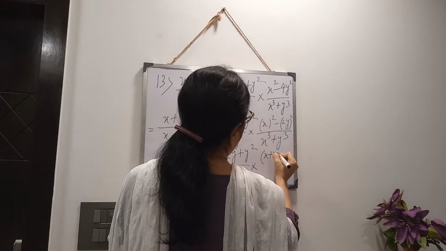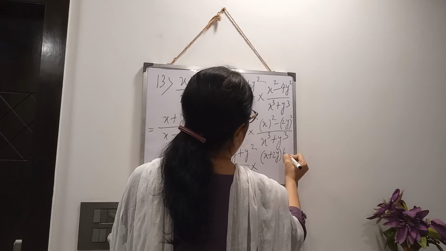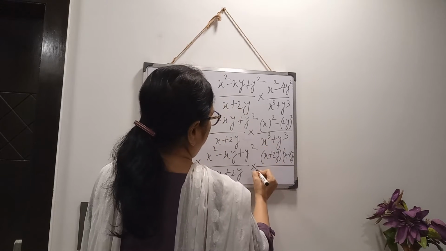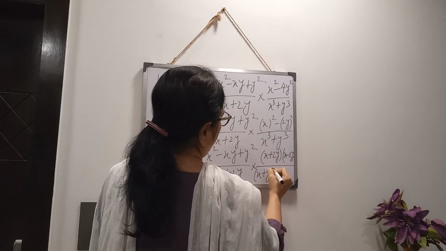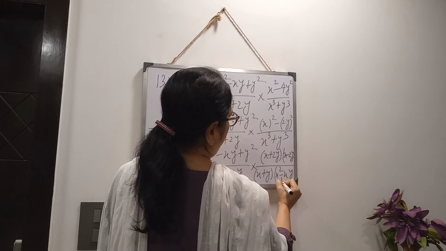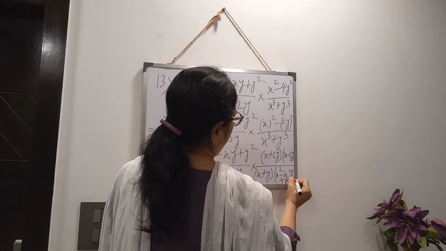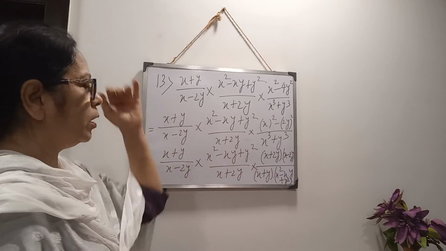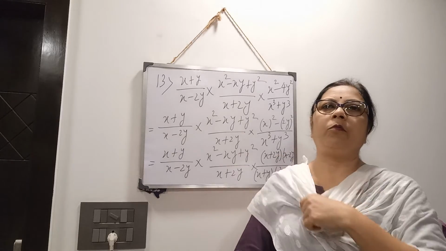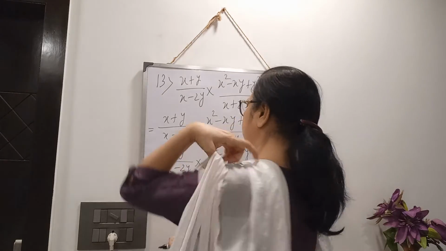So a plus b into a minus b. And denominator a cube plus b cube, you know, a plus b, x plus y into x square minus xy plus y square. So in this sum we have not applied any middle term factor. Here the cubic formula and the a square minus b square formula.